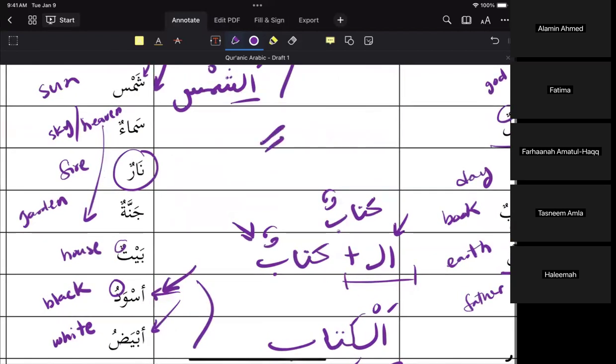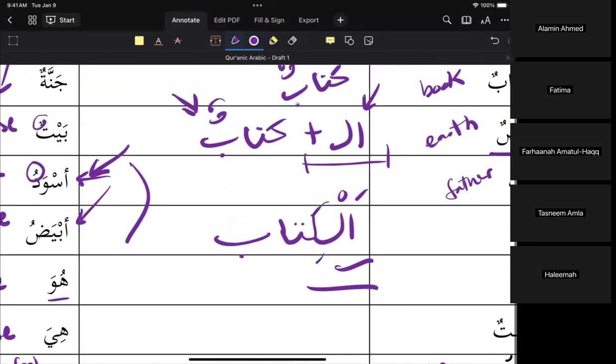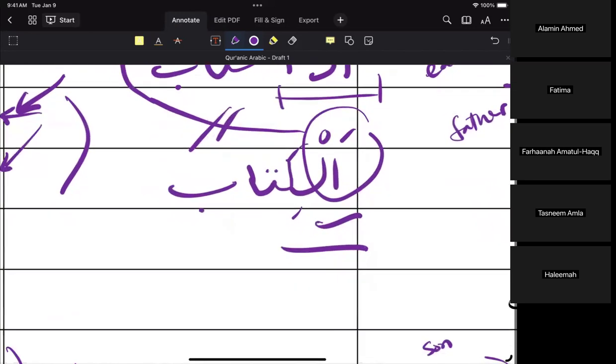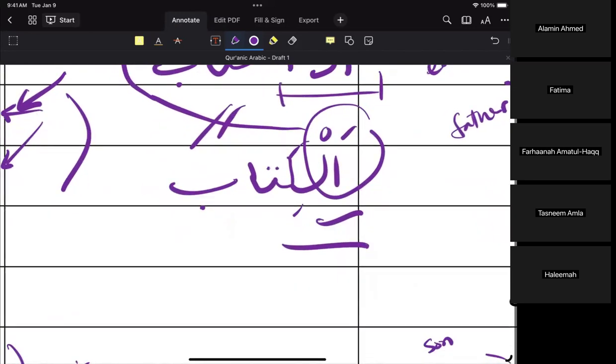Double fatha is tanween of fatha, double kasra is tanween of kasra, and double dhamma is tanween of dhamma. So alif lam and tanween never come together in the Arabic language. This is one of your first golden rules. In Arabic you always find exceptions, but this is one rule that has no exception.